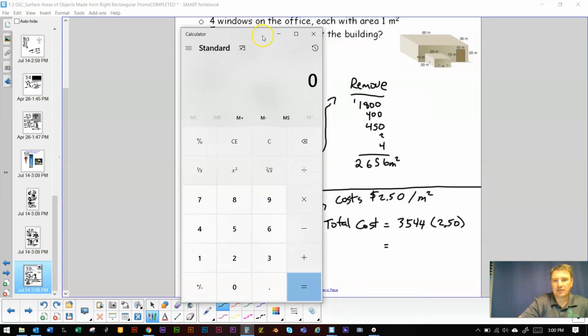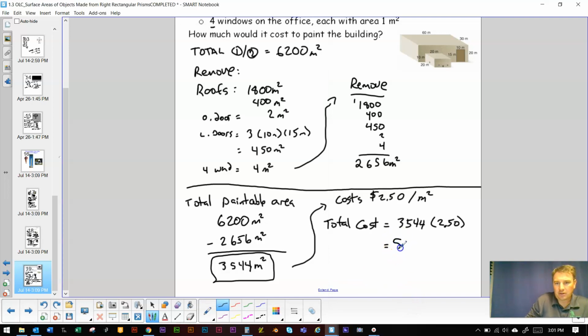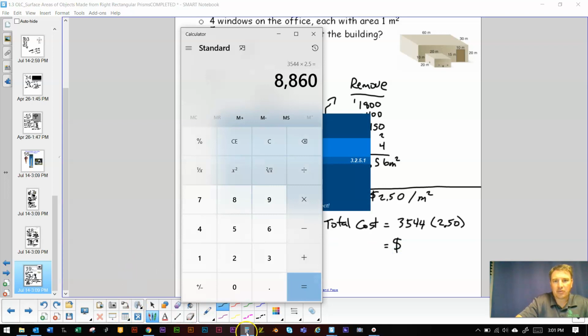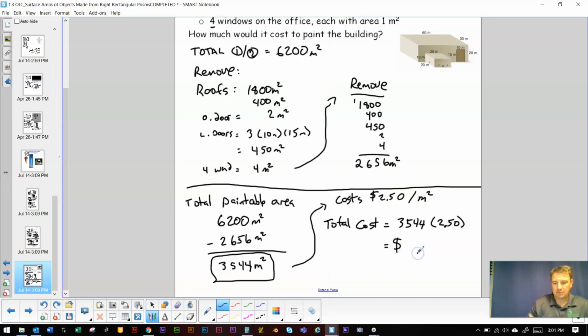Okay, so we've got 3,544 times 2.5, which is $2.50, which gives us a grand total of $8,860.